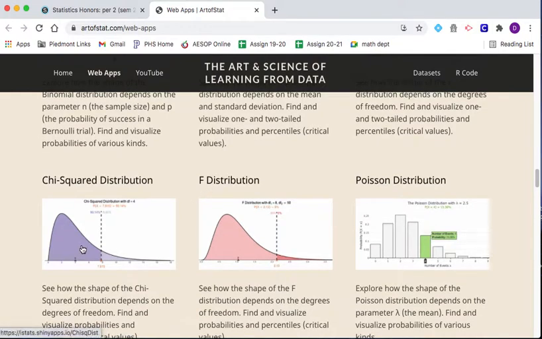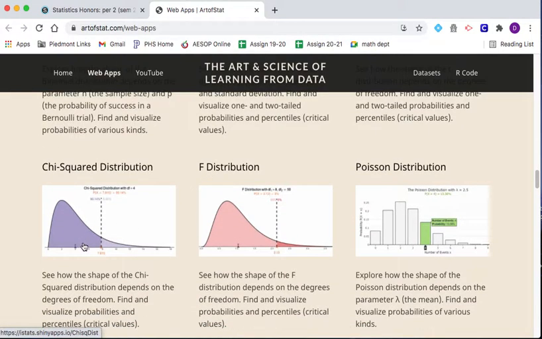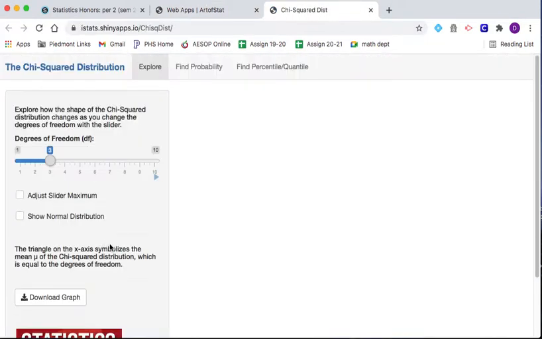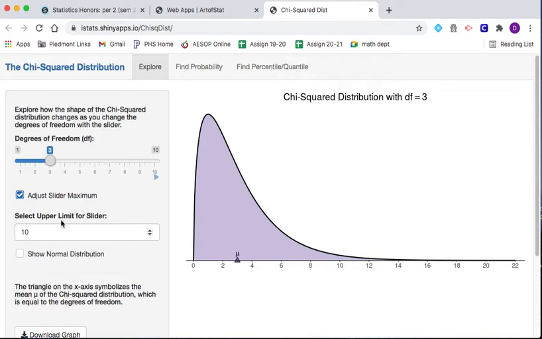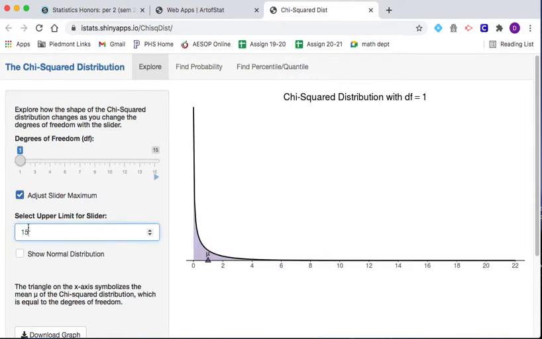If you select the chi-square distribution, see how the shape of the chi-square distribution depends upon the degrees of freedom. All right, so let's see what this app does. One thing that's nice is I'm going to adjust the slider maximum to, say, 15. Okay, so I've now got a scale here.